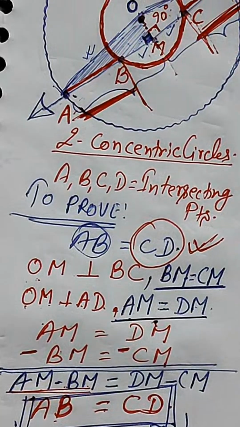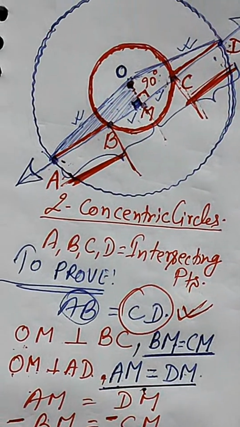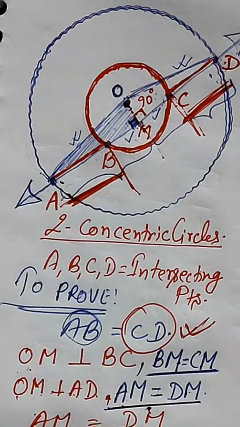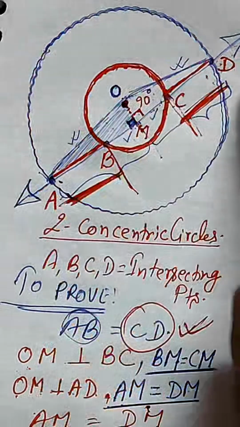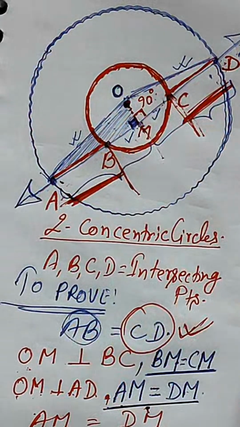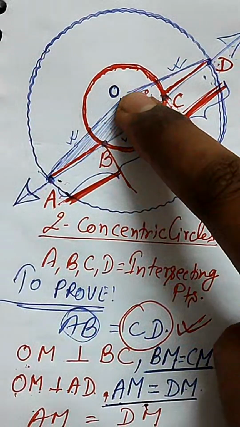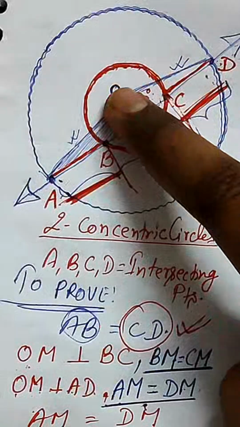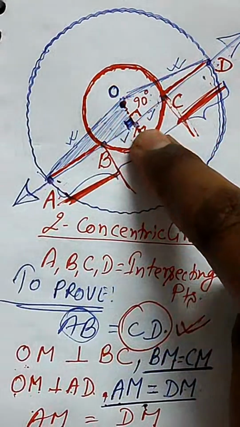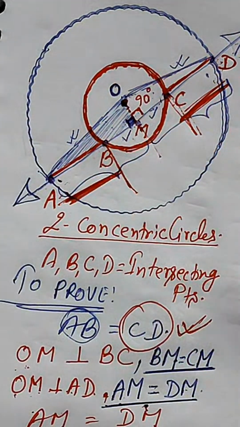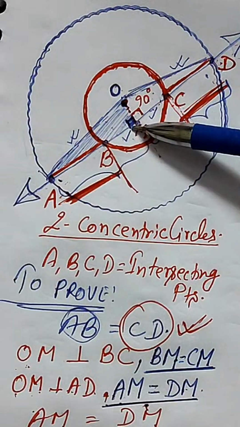So what we did, students, let me explain you again. These are two concentric circles which are having a common center O. From O we drew a perpendicular OM. You can see OM, right?